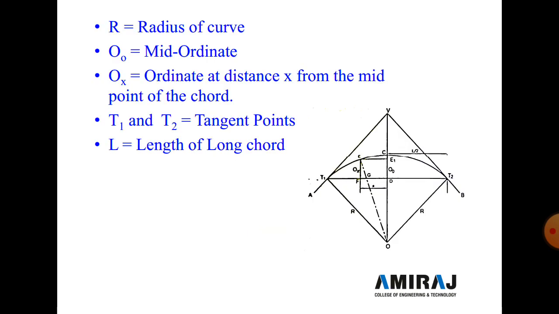O is the mid ordinate, the distance between O and C, and OX is the ordinate at distance X from the midpoint of the chord. T1 and T2 are the tangent points, the starting and end points of the curve. The length of the chord T1 to T2 is L.